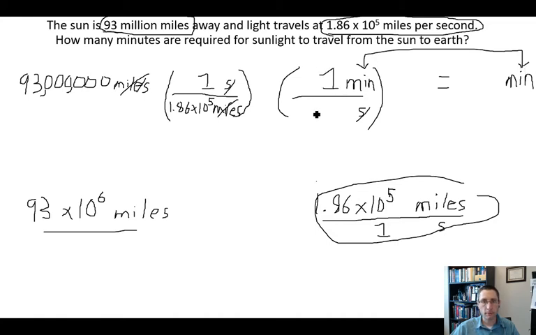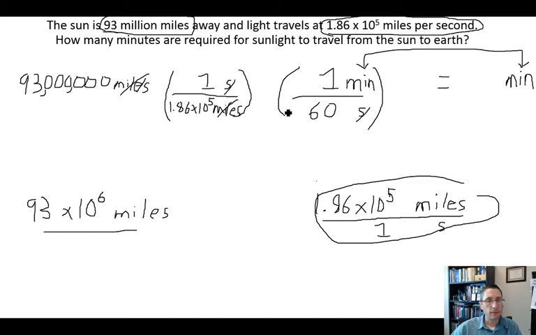And of course, 1 minute has 60 seconds. Okay, so here I go. I can now multiply across the top, 93 million times 1 second times 1 minute. Okay, which of course is still just 93 million.